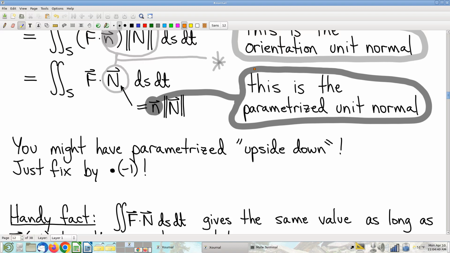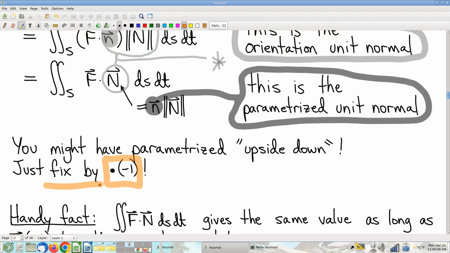And if you accidentally parameterized upside down, just write, oops, smiley face, parameterized it the wrong way, haha, -1, draw an arrow, boom. That's all you've got to do. For God's sakes, don't reparameterize. There's no need. If you parameterized it upside down, you're just off by a factor of -1. You and everybody else know it. So you fix it by just multiplying by -1.